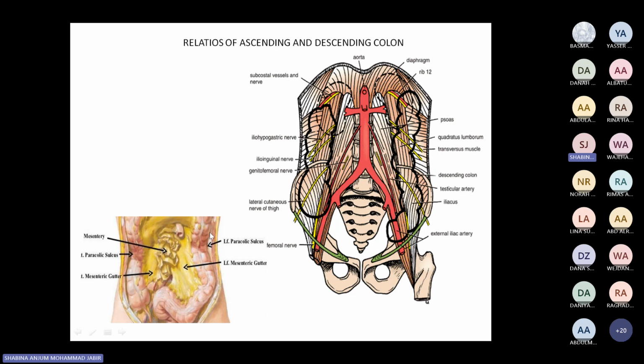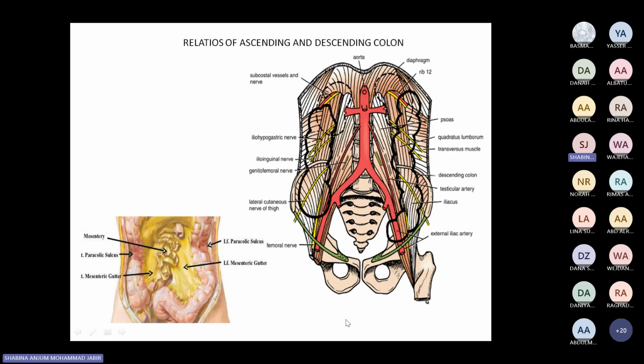from the front and the sides. Can you see there are spaces between the colon and the abdominal wall here? And here also you will find a space between the medial border and the mesentery. Here also you can see the space between the ascending colon and the abdominal wall.